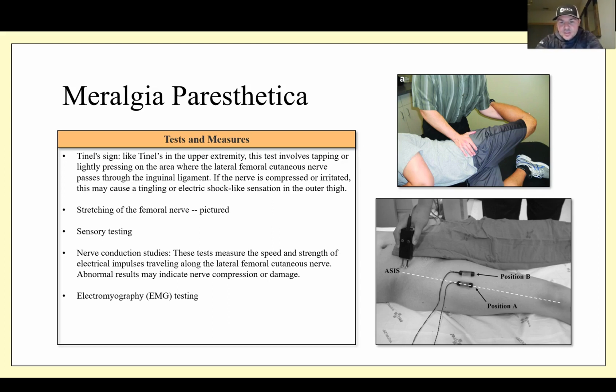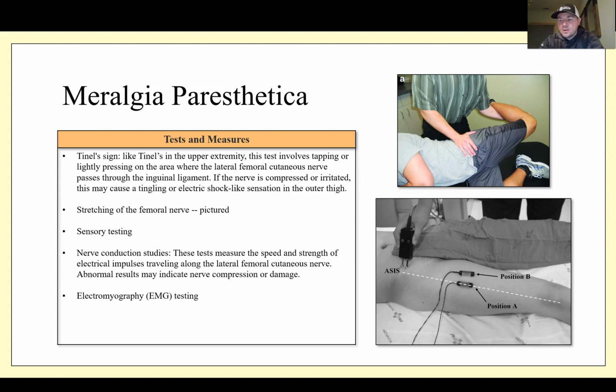The picture in the bottom right is a nerve conduction velocity test. So basically what they do is they hook up needles down the leg, and then they have this probe that sends a shock through that area, and they're looking to see if there's decreased electrical conduction through the nerve there. They do that based on the norms of the speed at which that nerve should have electrical activity.